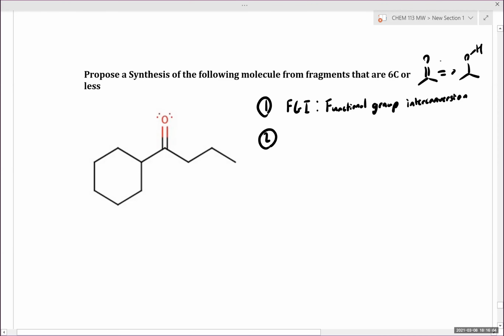We can make ketones from the alcohol via oxidation. Okay. The second example is a bond forming or bond breaking transform. And examples of this would be making a substituted alcohol via Grignard addition into an aldehyde.